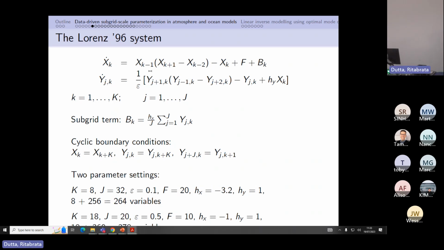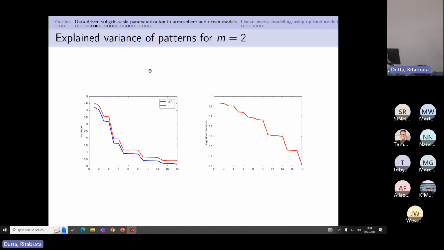That's the usual setting. We look at two parameter settings, one with 8 variables, one with 18. And epsilon is the timescale separation between these variables. One is a strong timescale separation, the other just a weak timescale separation. So we look at these two settings.